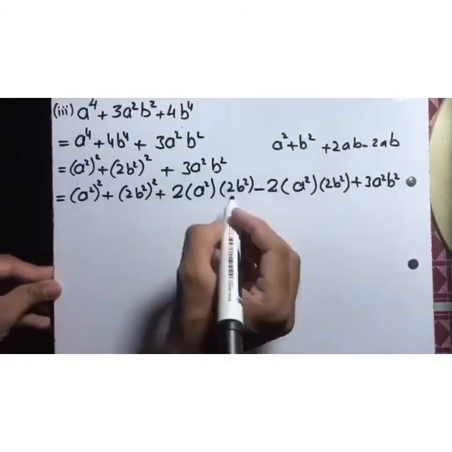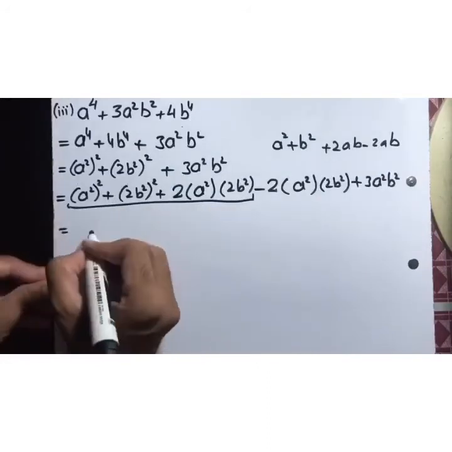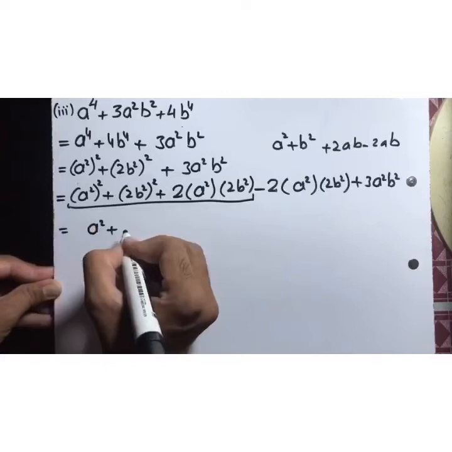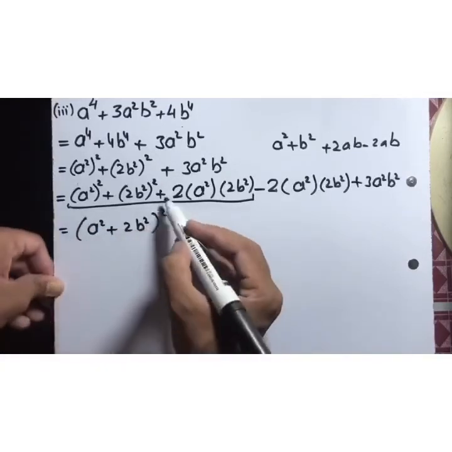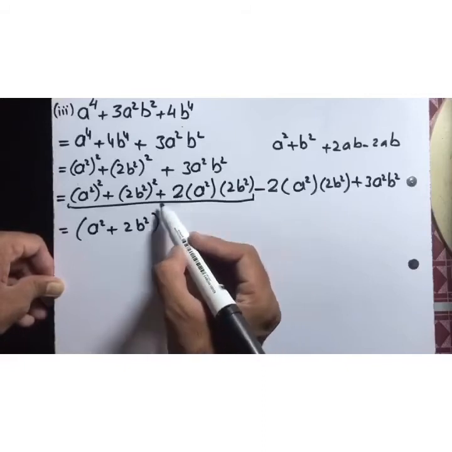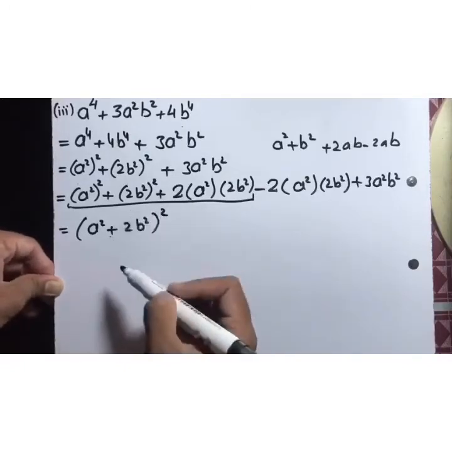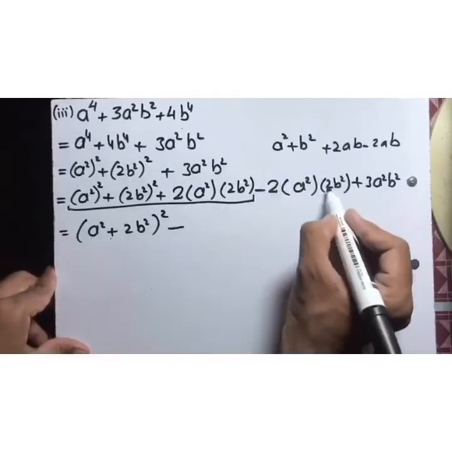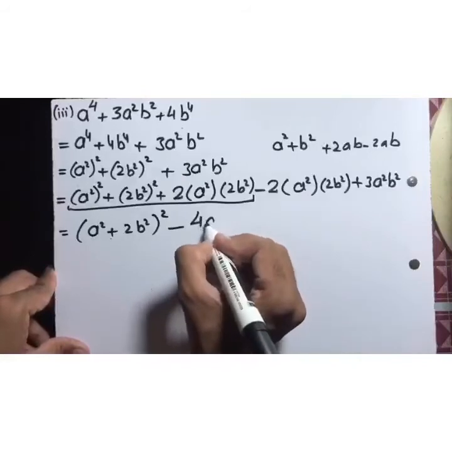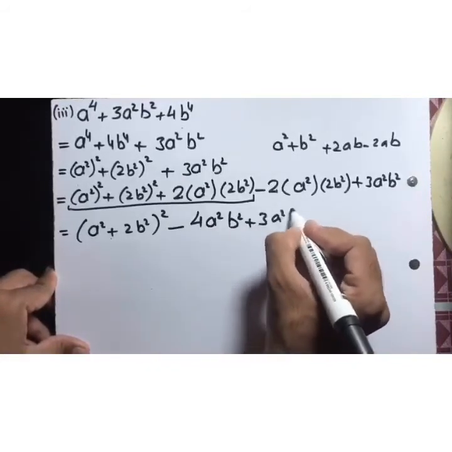Now you see that this is becoming a complete square. So we write a square plus 2b square whole square. As there is positive with 2, so we place positive with b, that is 2b square. Remaining is minus 2 into 2 that is 4 a square b square plus 3a square b square.